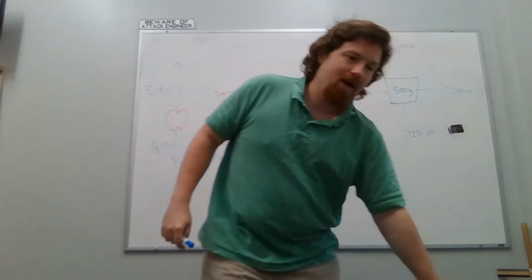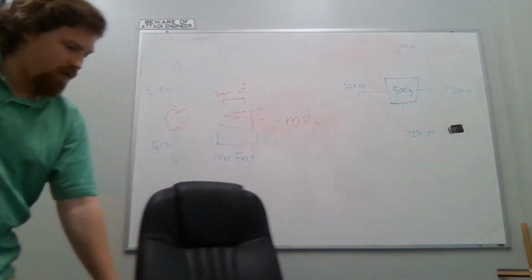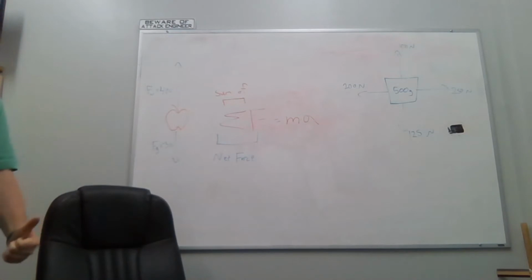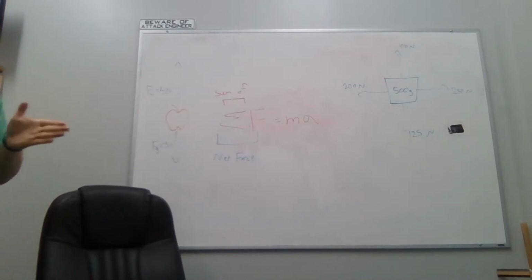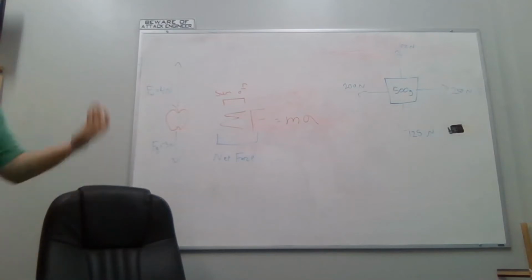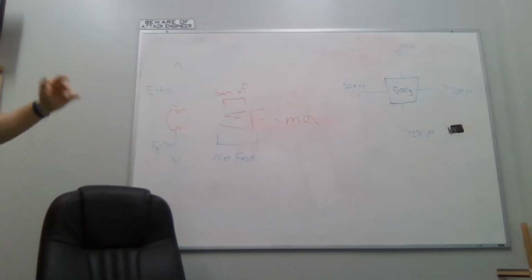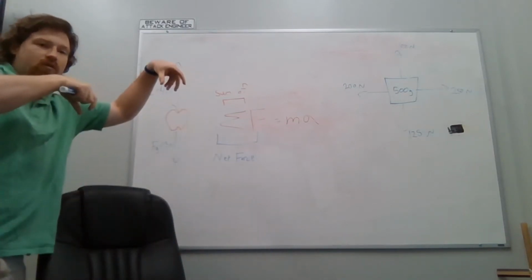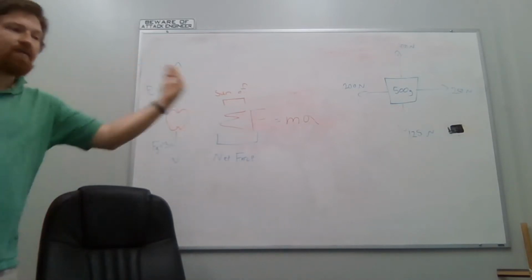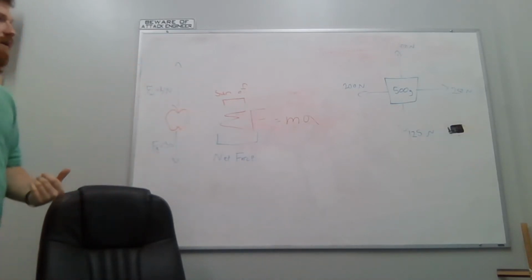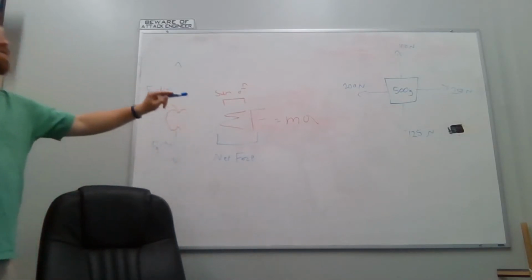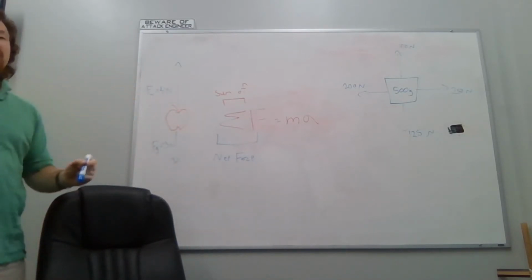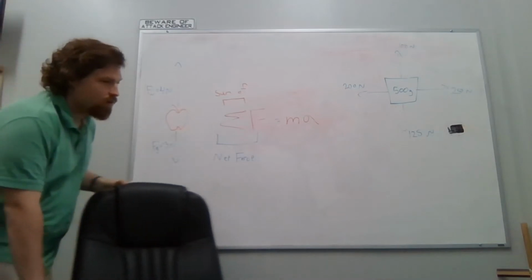If I pull my chair sideways, that's never going to make it go upwards. No amount of sideways force by itself can ever make my chair go up. Similarly, if I lift my chair upwards, that by itself is never going to make it go sideways. So, in order to find the net force on this object, we need to look at the 2 different axes separately.